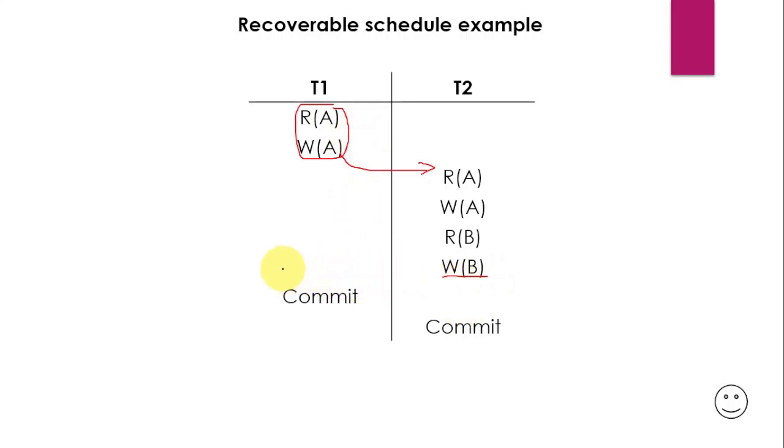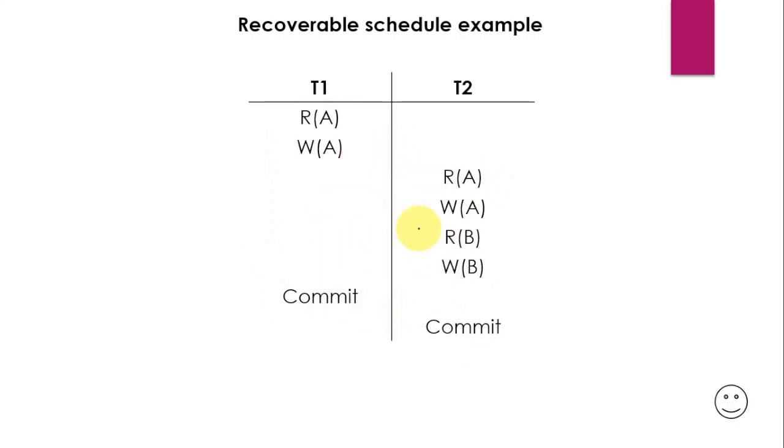If, for example, due to some system failure, T1 has aborted and these things will be undone, because T2 has not yet committed, these things can also be undone. That's why the schedule is recoverable. If you see here, T2 is committing only after T1 is committing. So this schedule is recoverable.